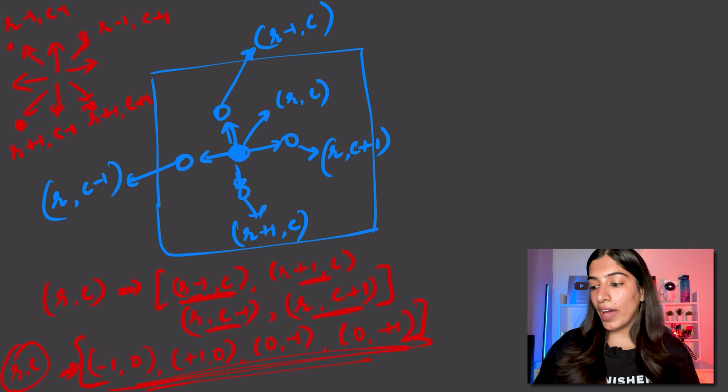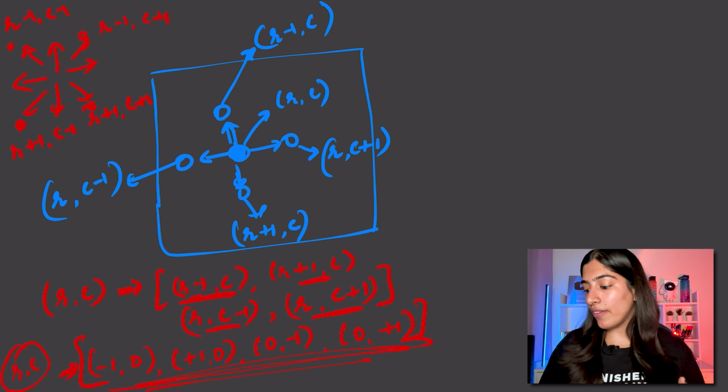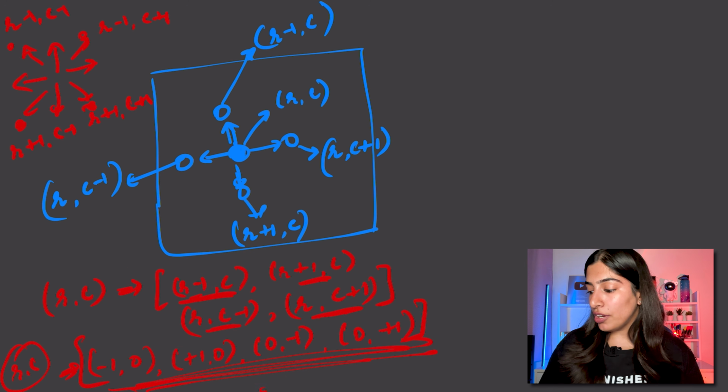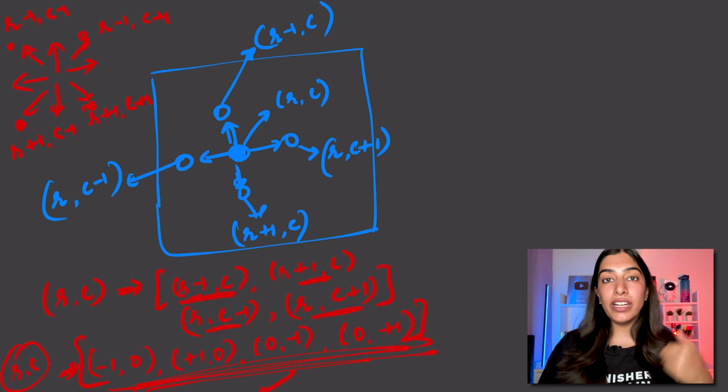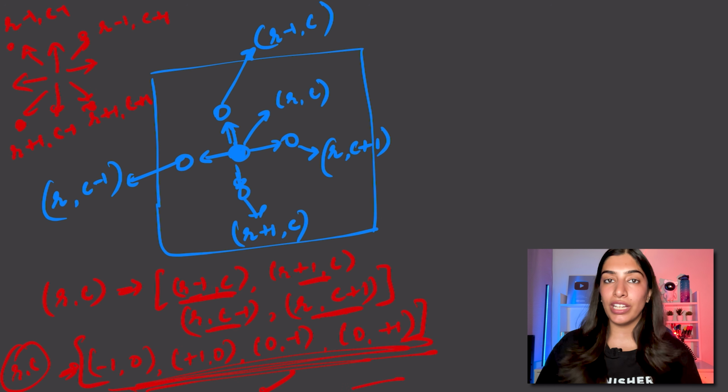So these 4 values, -1,-1; -1,+1; +1,-1; +1,+1, could have been added, and there would have been 8 neighbors. This is the simpler question with 4 neighbors. But if you get a follow-up question, a very simple thing is to add 4 more neighbors for every single node. So this was the interesting point in matrix-related graph questions: how do you traverse?